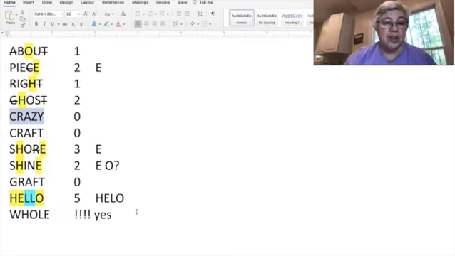Now, some questions are, isn't it just easier if you agree with your opponent to not use duplicate letters? Well, yes and no. It does clarify what the scoring means. Like this 2, I wouldn't have wondered, is it because there's one E in the word and my guess word had 2. But what it does is it makes it quite difficult to come up with words that you can use to guess, because so many words have a duplicate letter in them.